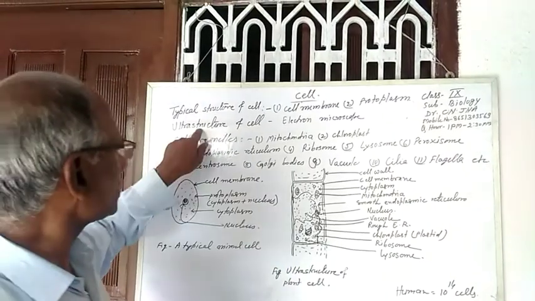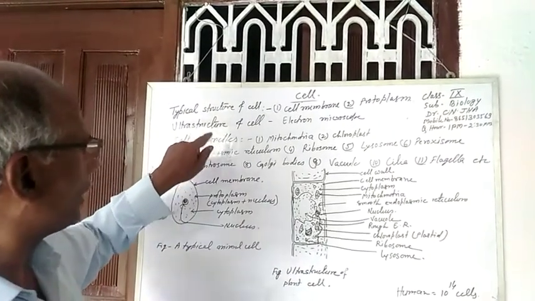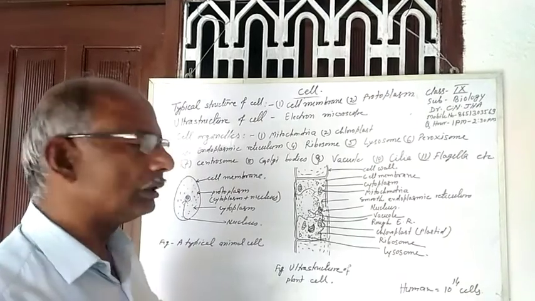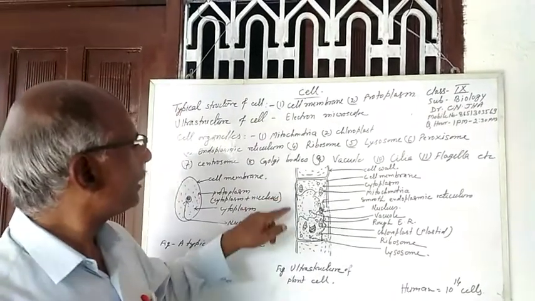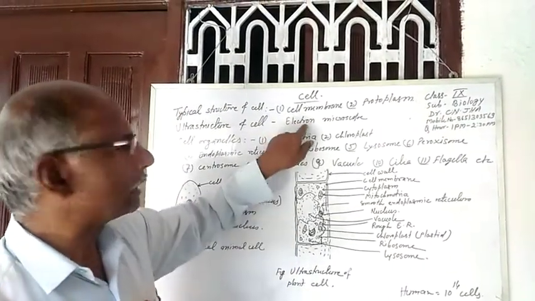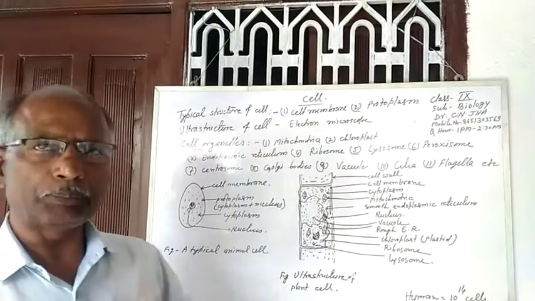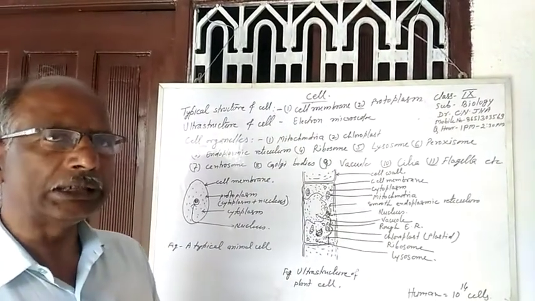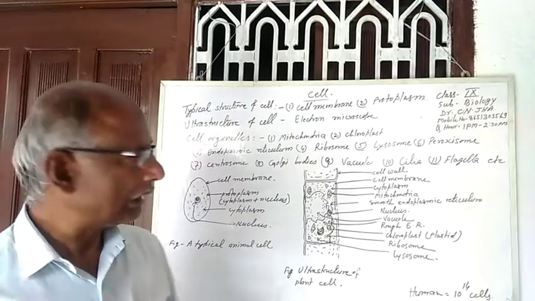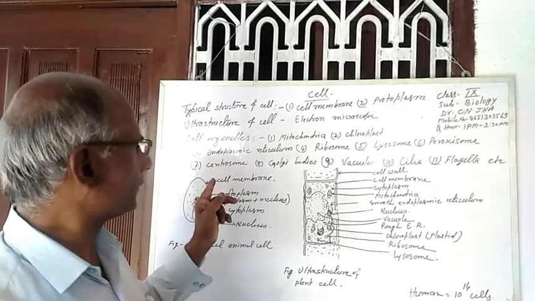But the ultrastructure of cell is the structure of cell seen under the electron microscope. This electron microscope is a very powerful microscope in which we can see clearly the cell organelles.